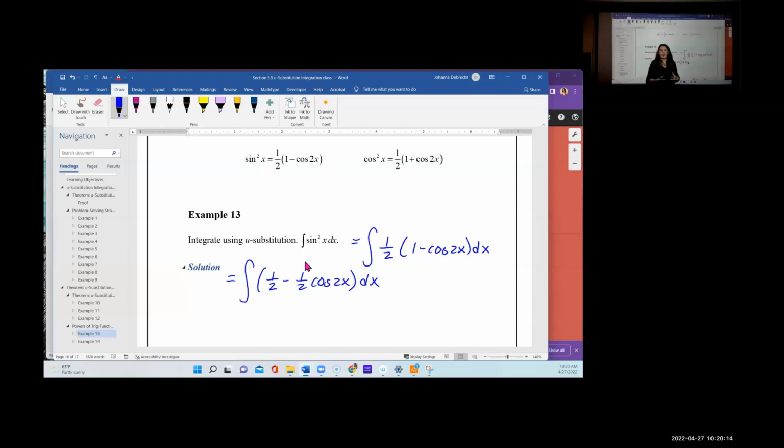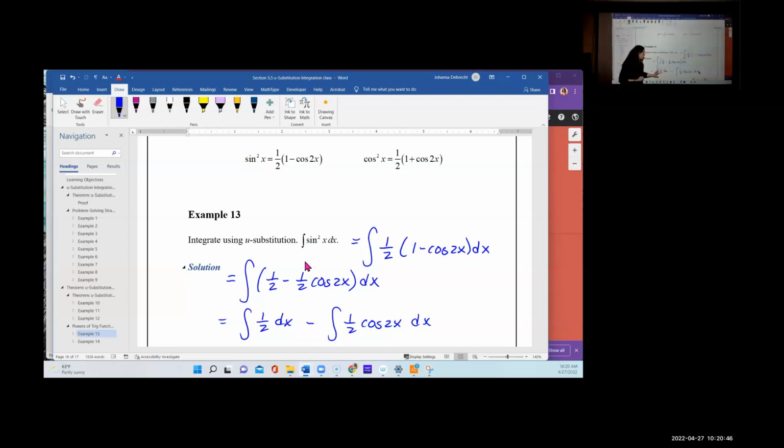This is a very, very common way to see a need for u-substitution. I don't need u-substitution for the first term. In fact, I could split this up into 2 separate integrals, the integral of 1/2 dx minus the integral of 1/2 cosine of 2x dx. And that is, in fact, the way that you want to think about it, whether you split it up physically or you simply think of it as split up.